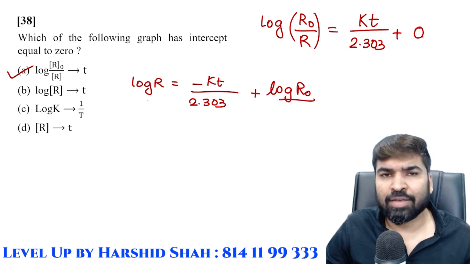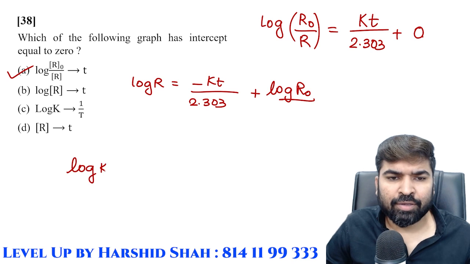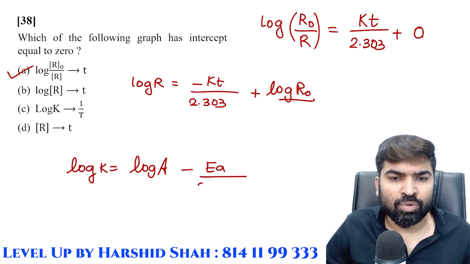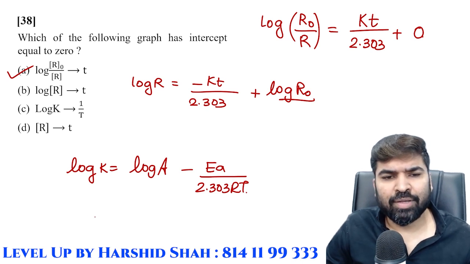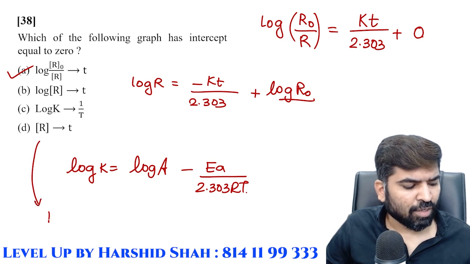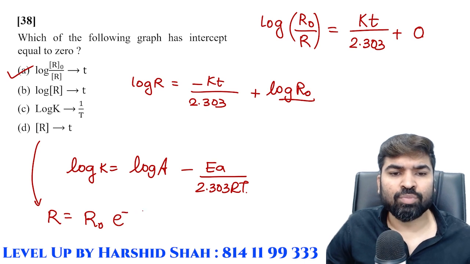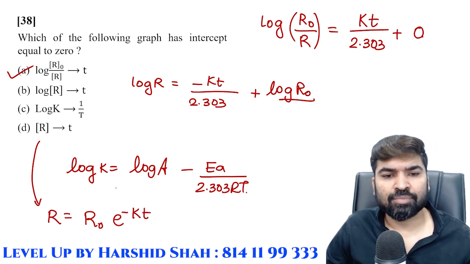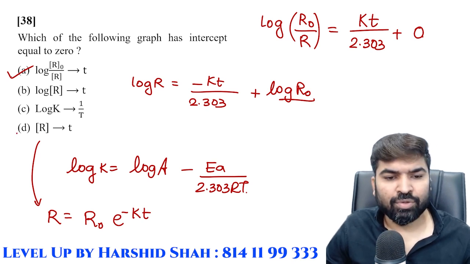So it does have the intercept. Log K versus 1 upon T: log K is equal to log A, which is a constant, minus EA upon 2.303 RT. And R versus time T, it's a curve, but it does have the intercept value at the start. R is equal to R0 into e raised to power minus KT. Okay, right? So that is your option A, which is your answer.